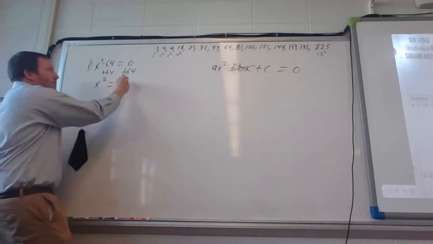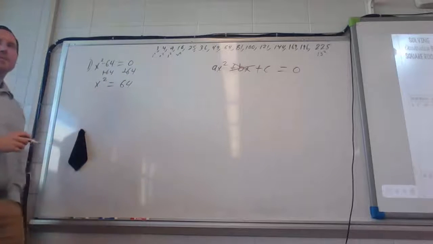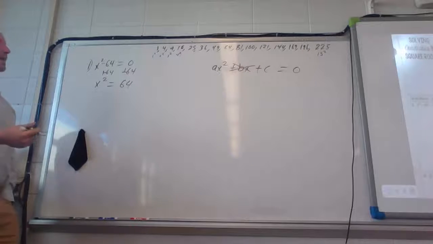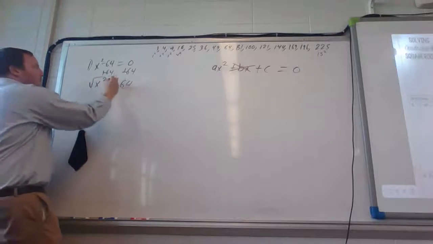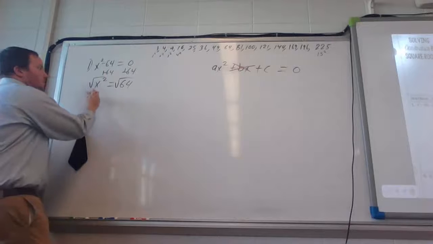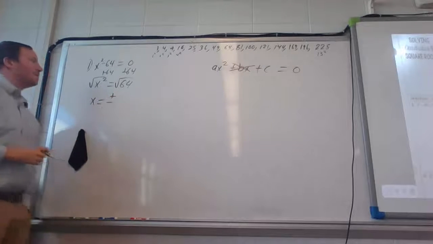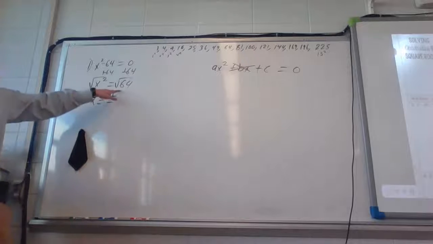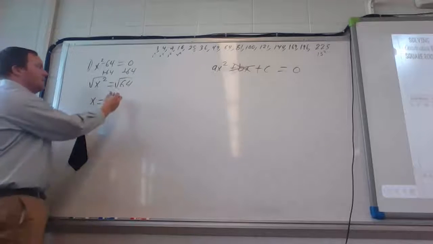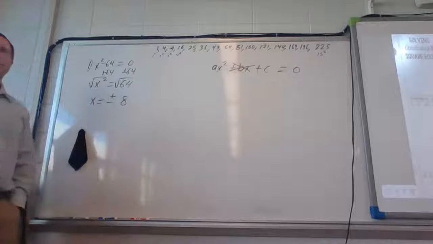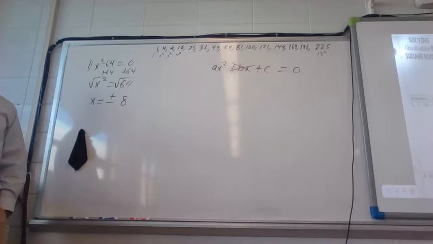X squared equals 64. And then we want to take that square root. So that is going to leave us with x equals, go ahead and put in my plus or minus, square root of 64, which would be 8. That's our answer. You put the plus or minus, so you don't have to write it twice.